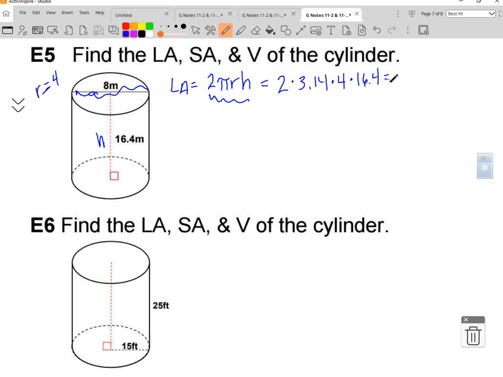So if we're just finding the lateral area, we're going to round to the tenth place. If we're finding the surface area, we're not going to round there. We're going to put everything in and then put it in our calculator all at once.